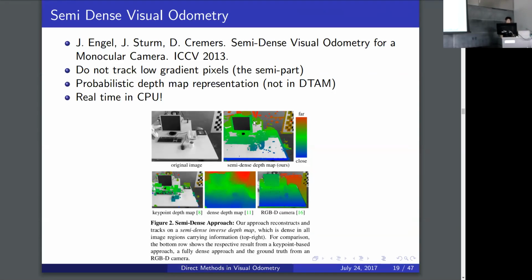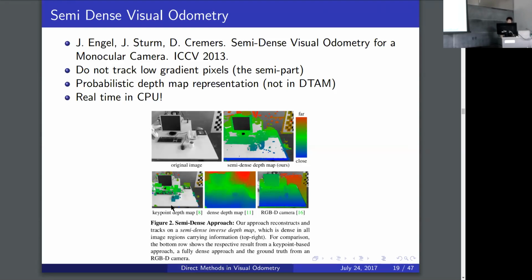For example, on the left is the original image, and on the right you see the semi-dense depth, where it ignores the areas of the image with low texture. That gives us information about the edges of the table and things that we care about in the scene. For example, the computer is quite well covered.